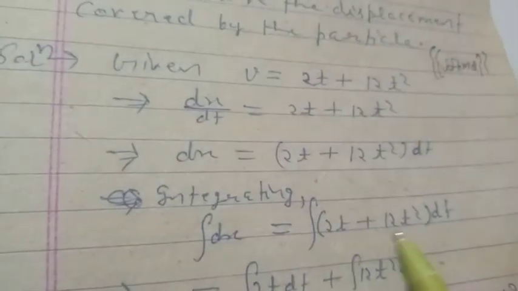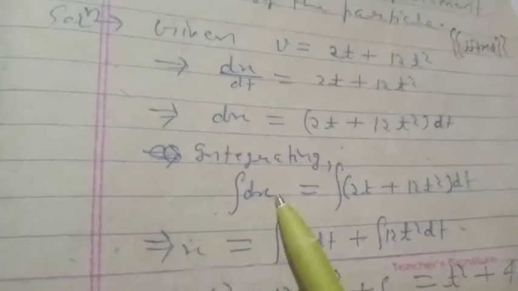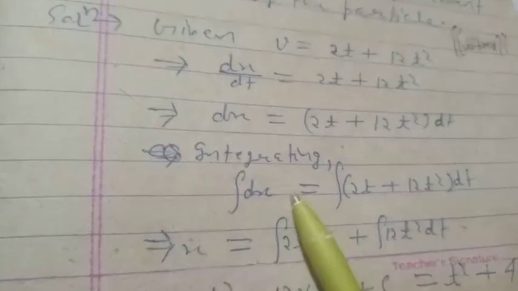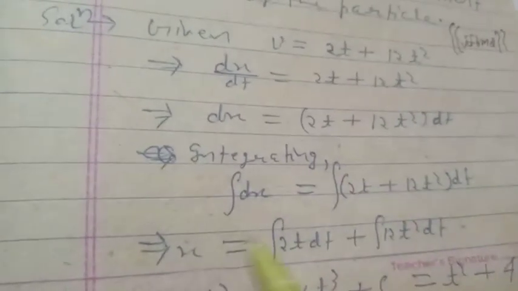Now integrating both sides, integration of dx equals integration of (2t plus 12t square) dt. Integration of dx equals x. Here there will be an integral constant on both sides which will be cancelled, so we are not writing the integral constant.